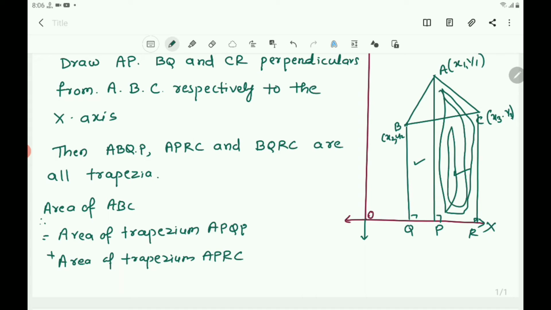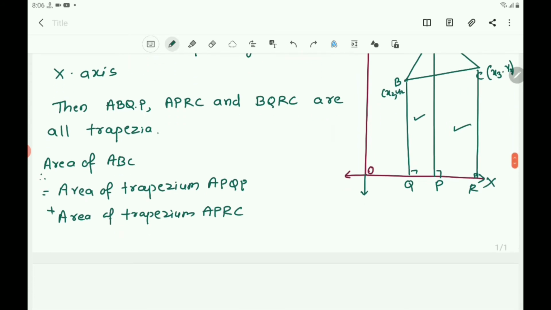This is the trapezium APRC. Then minus the area of trapezium BQRC.